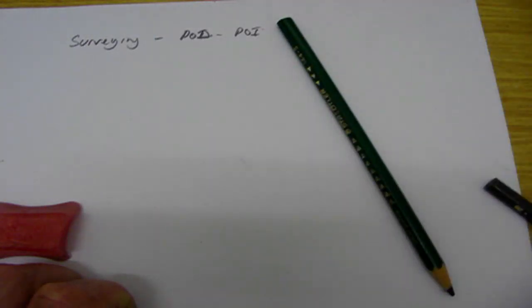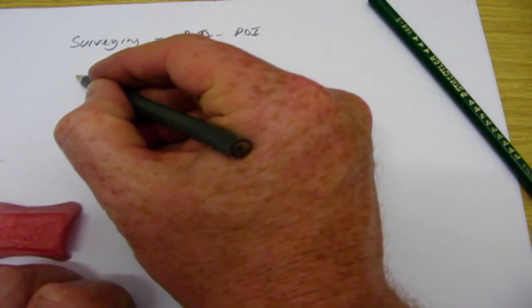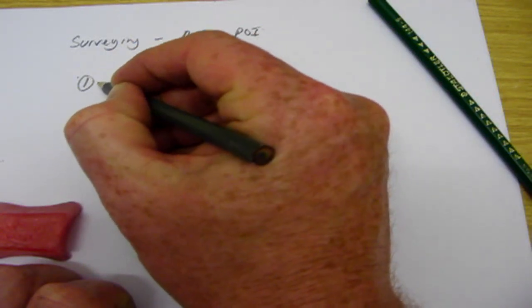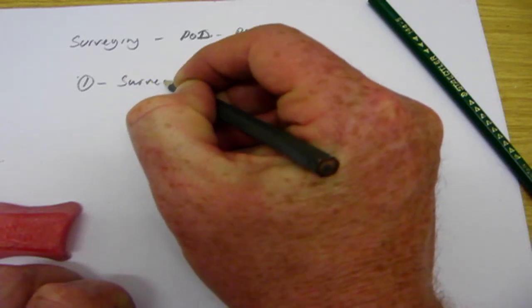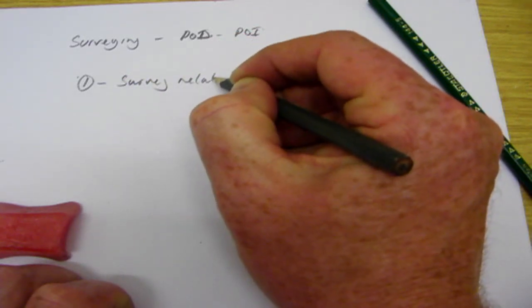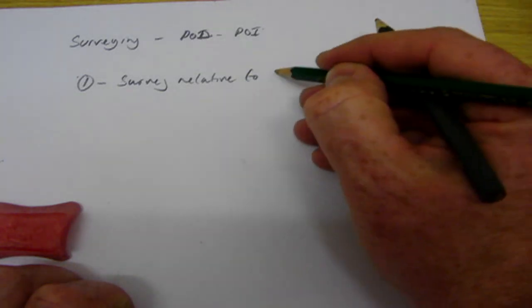So when we want to survey our model, we first of all survey relative to the path of displacement.